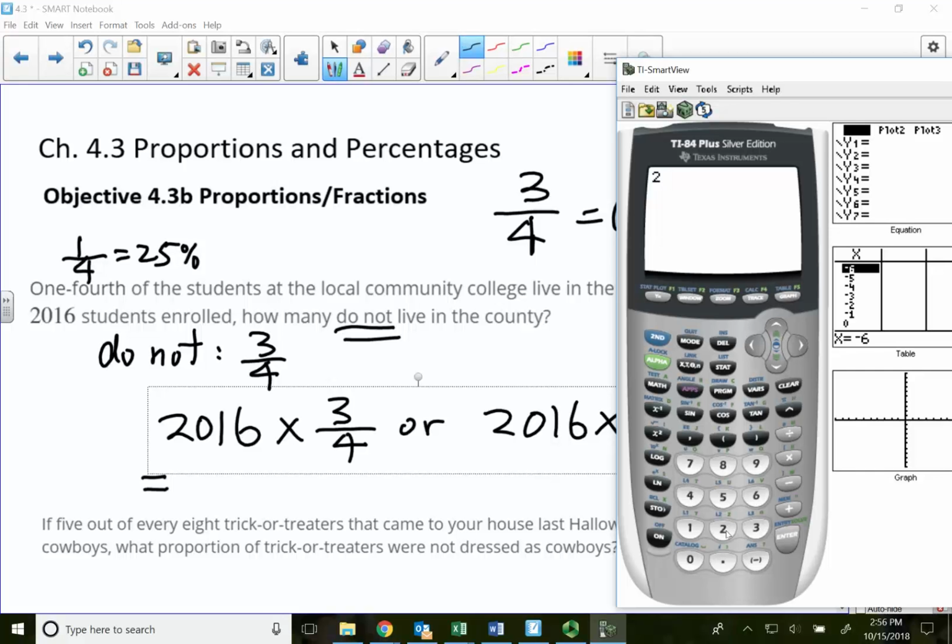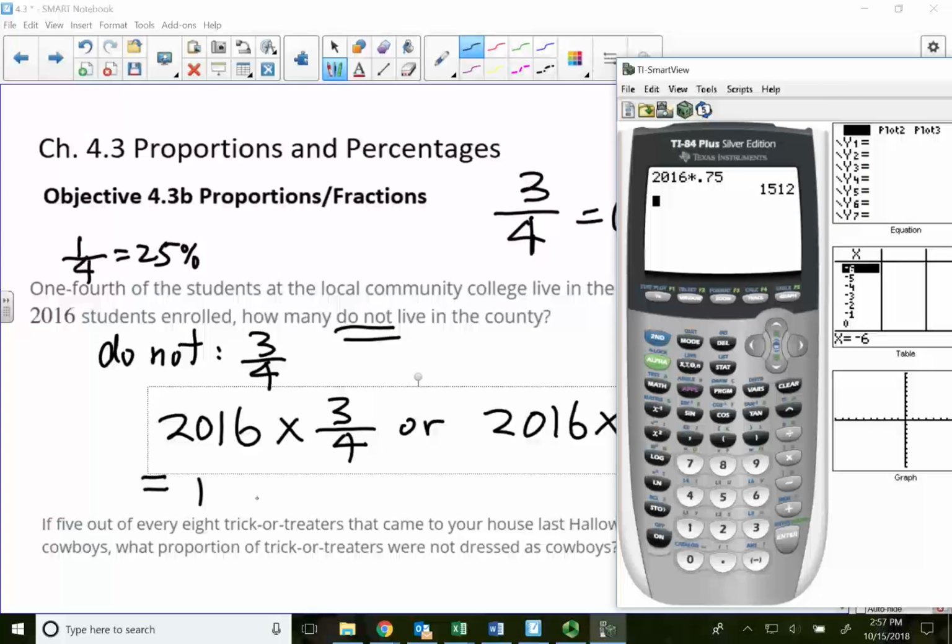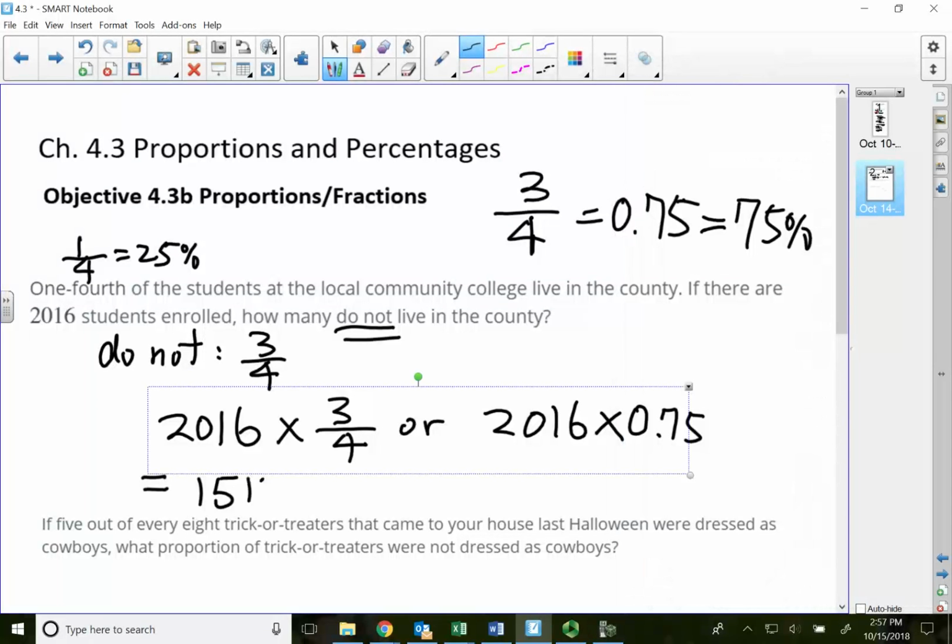So let's see, 2016 times 3/4, or times 0.75, or 75%. That will tell me there are 1,512 students who do not live in the county.